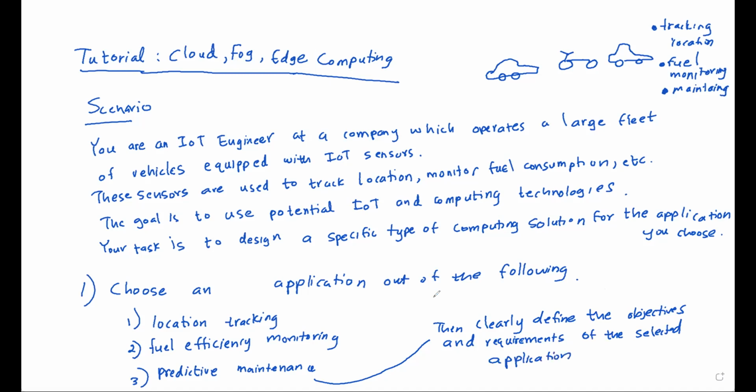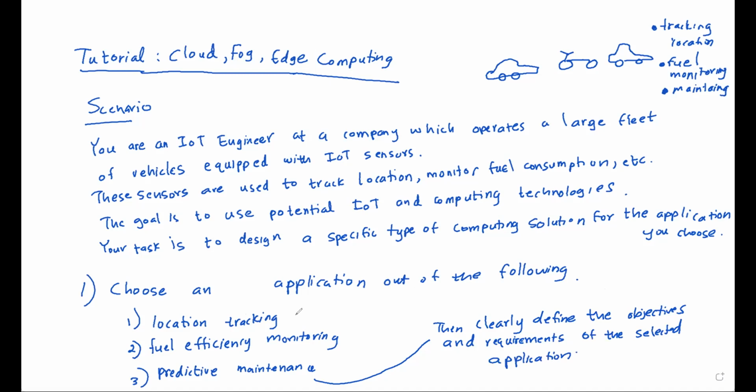Okay, so you need to define the objectives and the requirements of the selected application. Okay, so the objective of location tracking, for example, you need to mention what are the objectives of that application. Why do we need to do location tracking? What is the objective? And the requirements of the selected application.